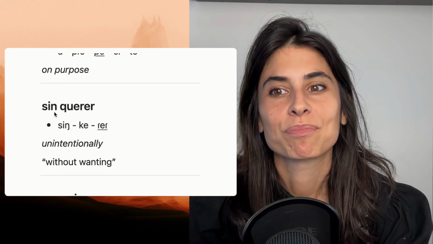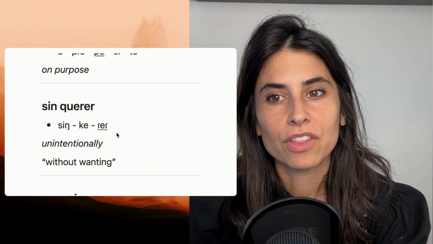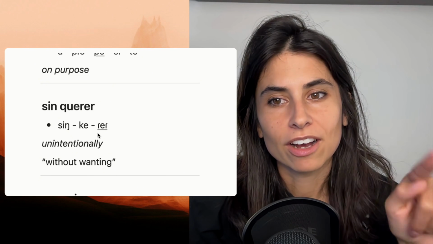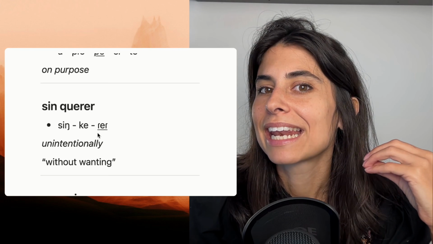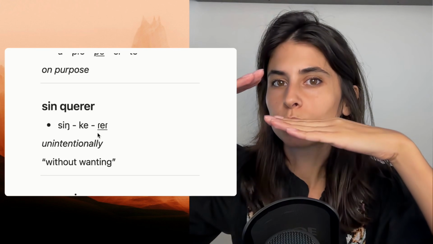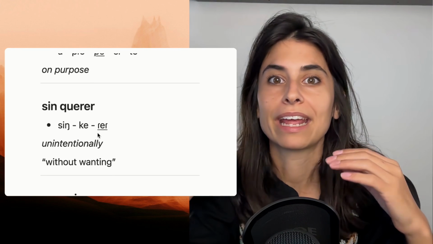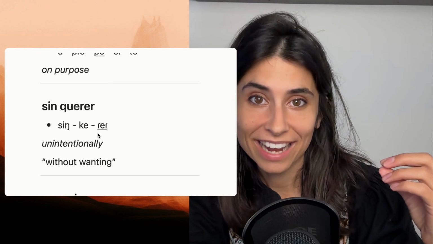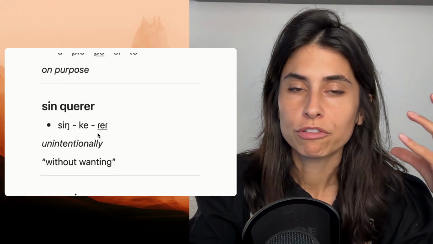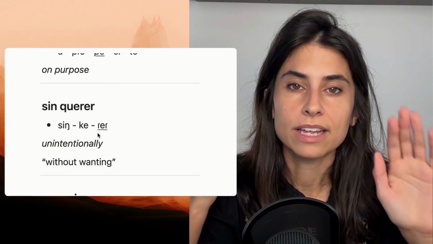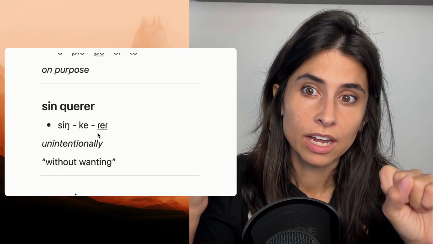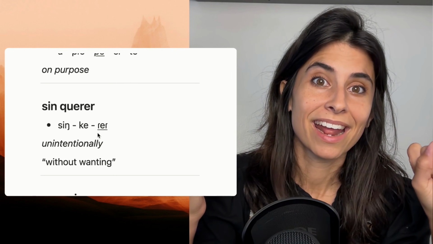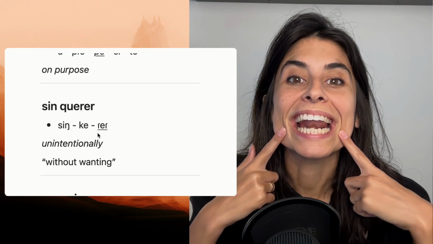Important thing here as well, the R-E-R combination, querer. So it's like two taps. It's not querer with a dropped R. Like I've heard many times, if you're from the UK, you might not say the last R, or from Australia as well, you might not say the last R. I might say querer, but it's querer.